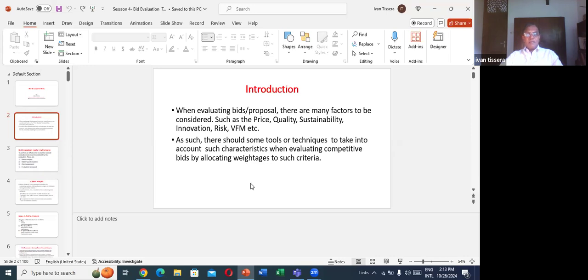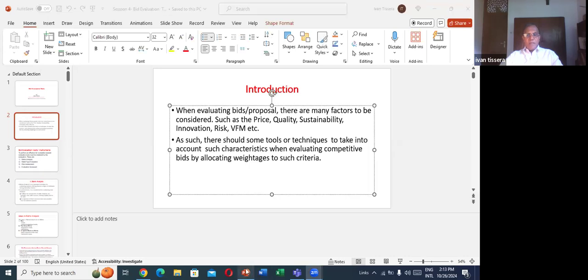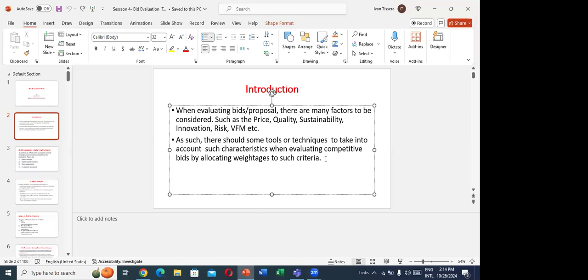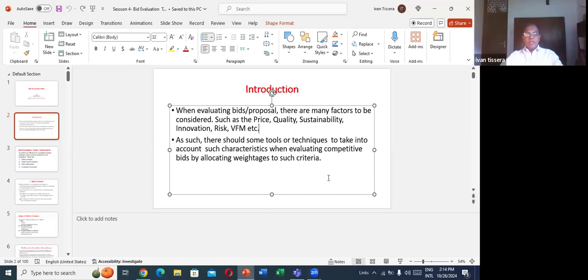As such, there should be some tools or techniques to take into account such characteristics when evaluating competitive bids by allocating weightages.